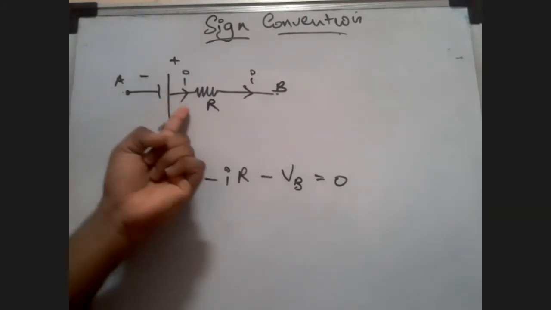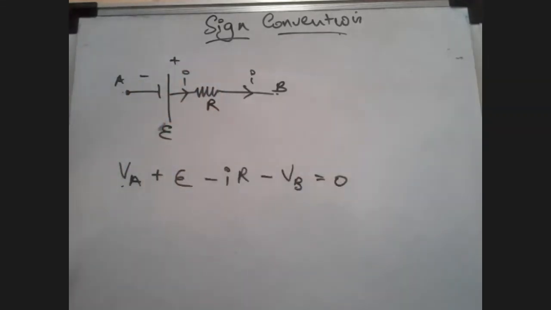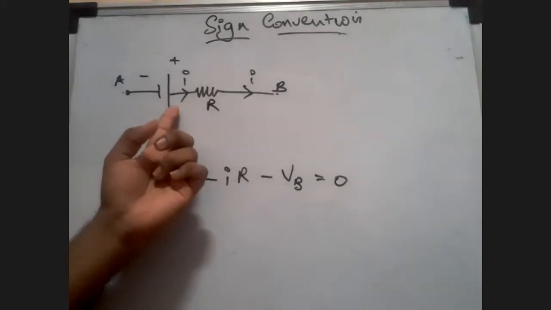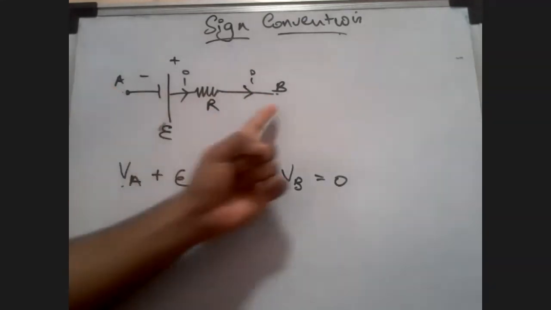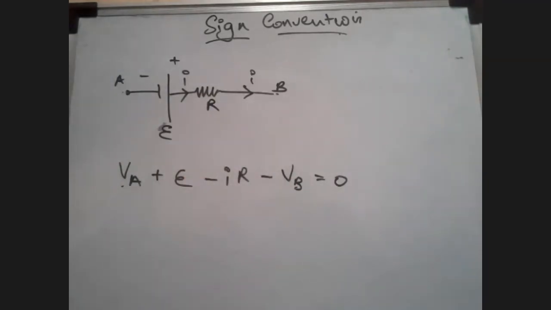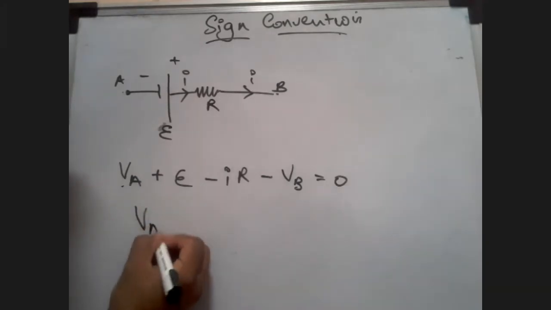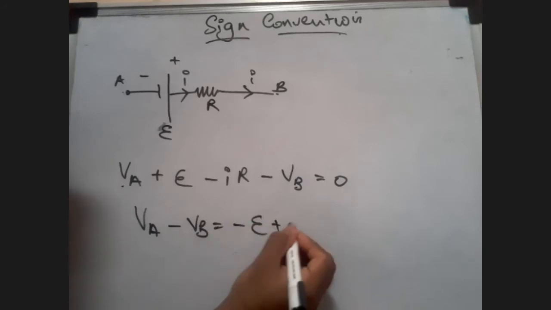And when the current is flowing through the resistor and I'm in the direction of the current, again I'm repeating, take it as minus I times R. Okay, negative value of I times R. And of course, since here it is VA, here it will be minus VB equal to 0. Then if you have to calculate, you can get VA minus VB equals minus epsilon plus IR.